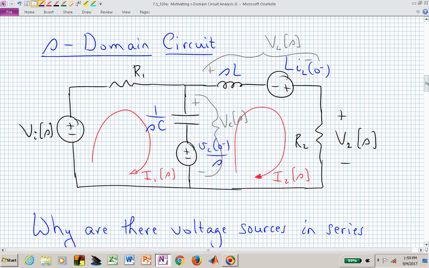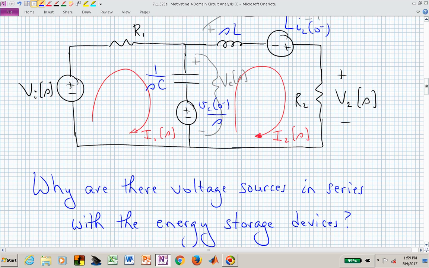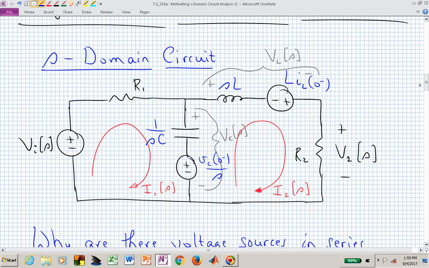It's just that now we have some voltage sources that maybe we didn't expect. Why are we seeing these voltage sources? What you might take note of is the expressions associated with those voltage sources.